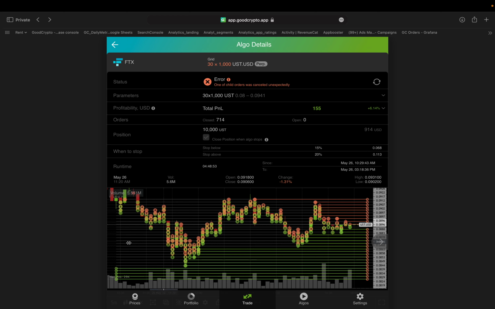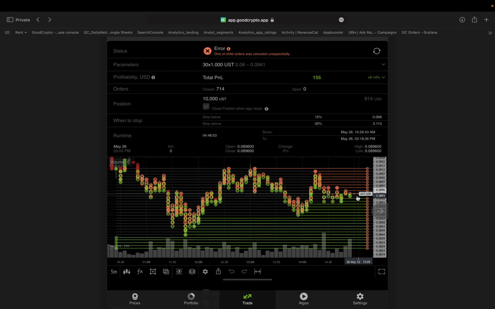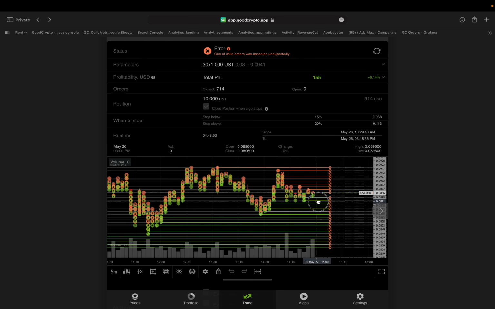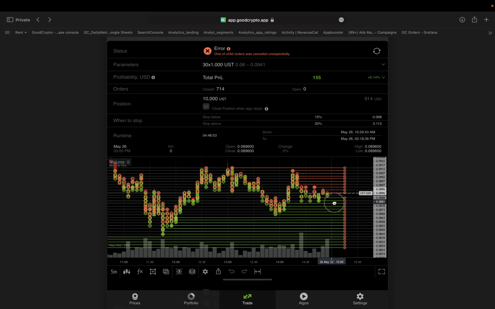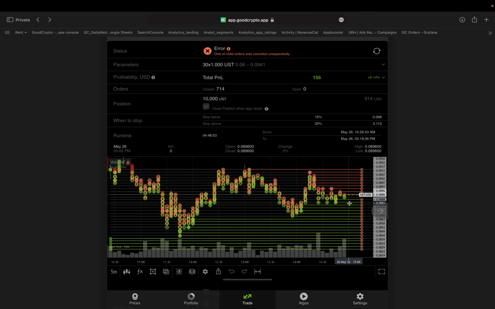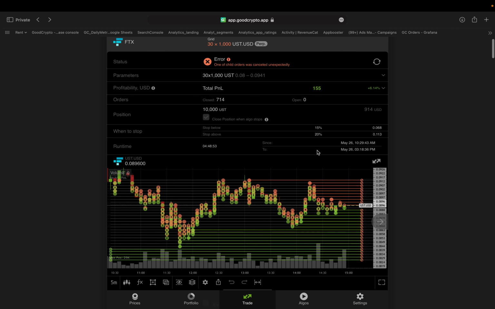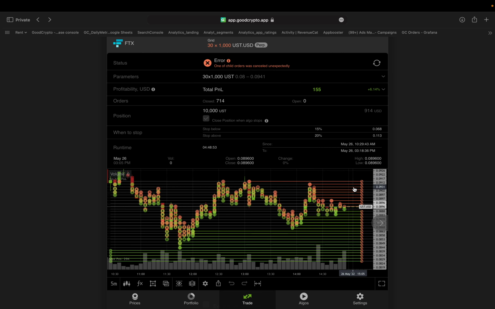Unfortunately, we're looking at a 5 minute candle, so around 20 minutes, even more now, oh okay, that was around an hour ago, more or less, the trading on this instrument was stopped on the exchange. The trading was halted, hence the abrupt end of the grid. Here you see that all orders were cancelled, and the error says one of the child orders was cancelled unexpectedly.